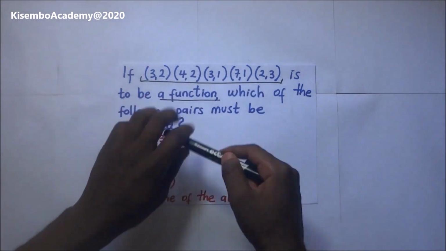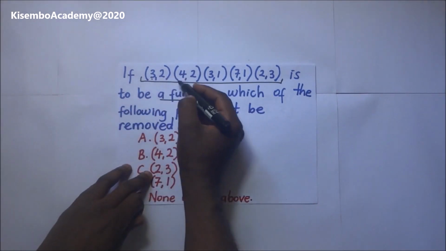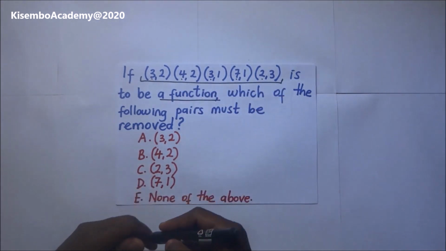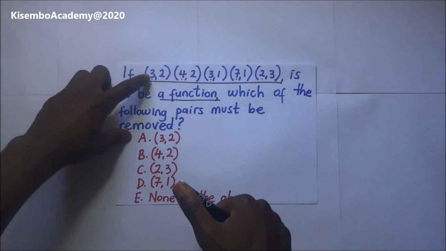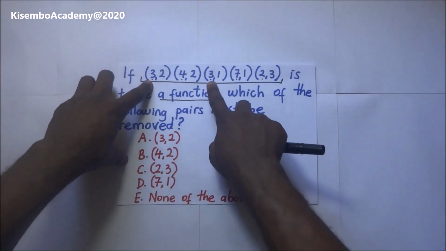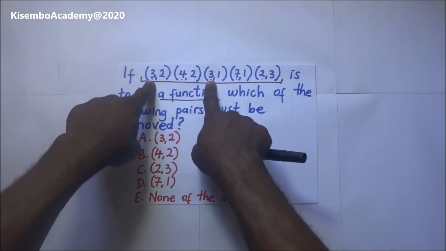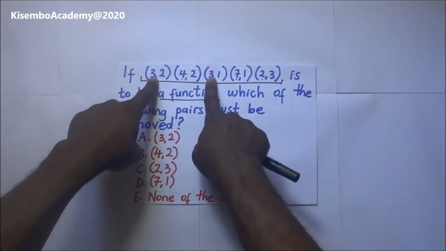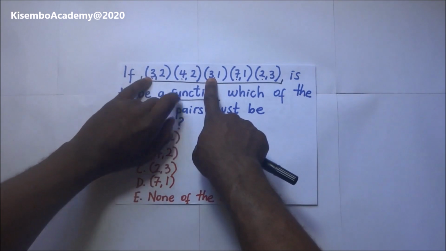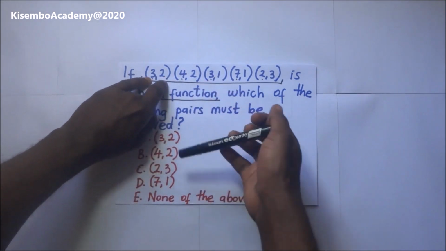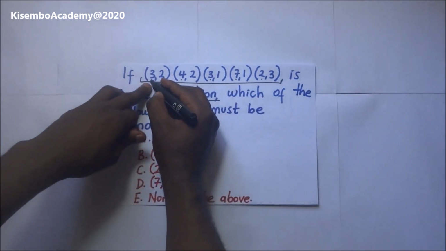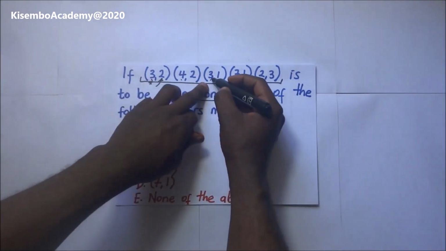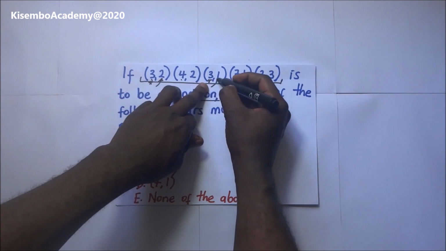And if you look at the inputs here, we have 3, 4, 3, 7, 2. That is more like the domain. But from this domain we are able to see that the value of 3 here and the value of 3 here, when 3 is the input, it's giving us 2 outputs. When the input here is 3, it's giving us 2 as the output. When the input here is 3, it's giving us 1 as the output.